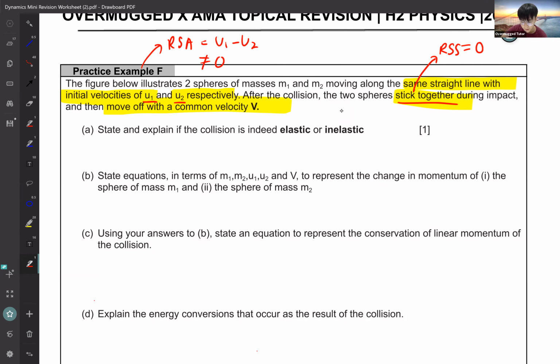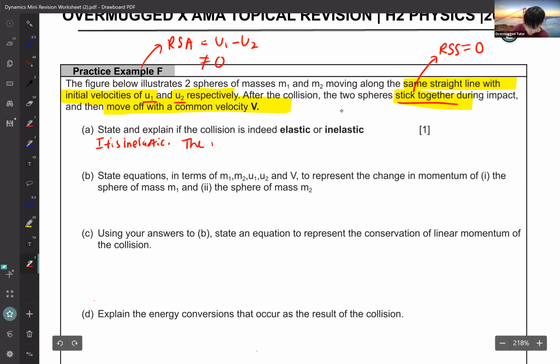So if the relative speed of approach is non-zero, but the relative speed of separation is 0, is this elastic or not? The answer is no. Remember, for all elastic collisions, relative speed of approach is relative speed of separation. Now, we've proven here, based on this logic, that it is not elastic. That's it. Okay, so it is inelastic.